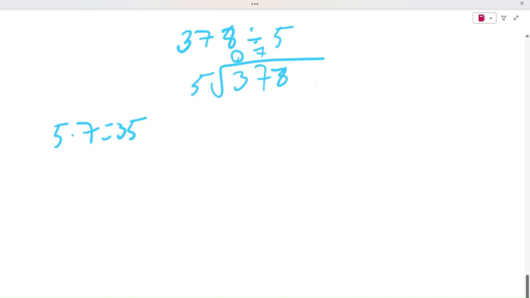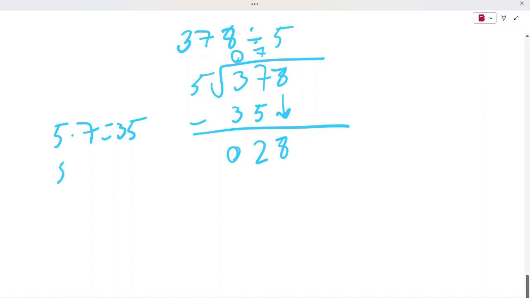So then we put 5 times 7, and we get 35 down here. And we subtract. 3 minus 3 is 0. 7 minus 5 is 2. And we'll bring down this 8. Perfect. So now, how many times can 5 go into 28?